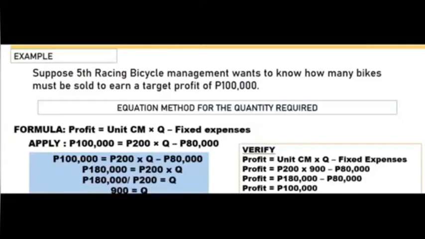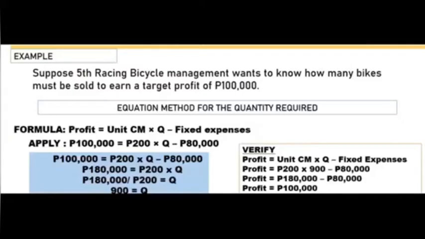It is equal to 180,000, then equal to 200 times Q. For us to find the Q, we need to divide the 180,000 by 200 to get Q. Here you can see in the slide that 900 is the quantity of units. So 900 bikes are needed for us to earn a target profit of 100,000.